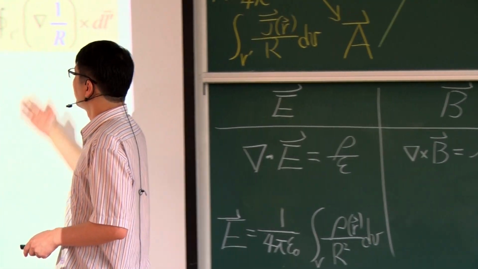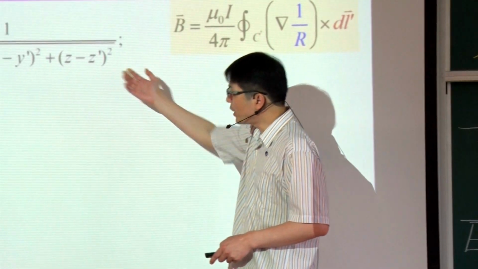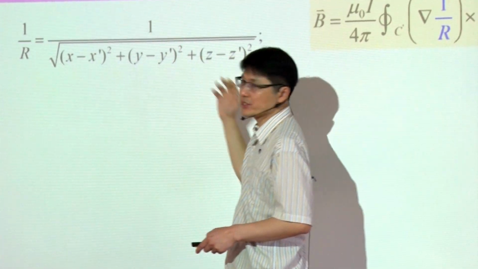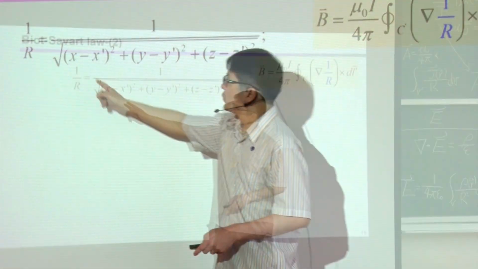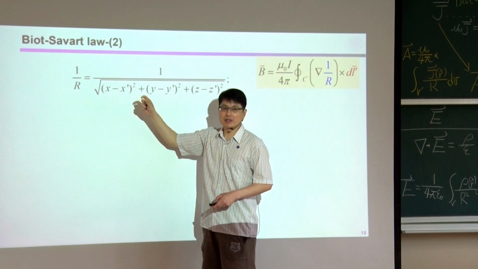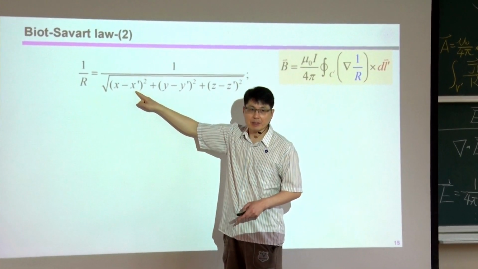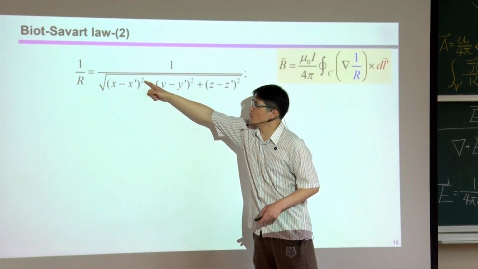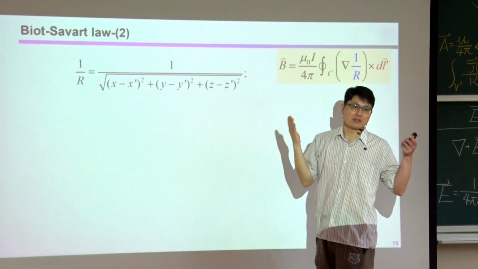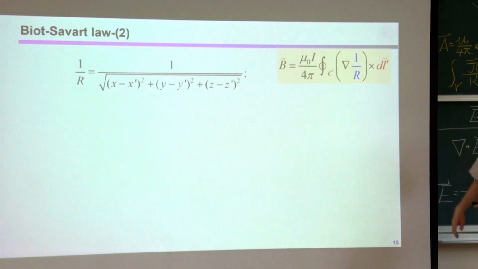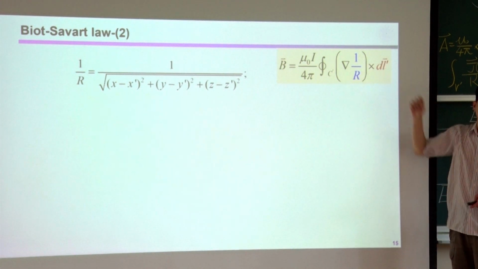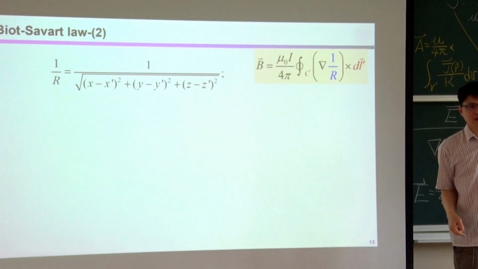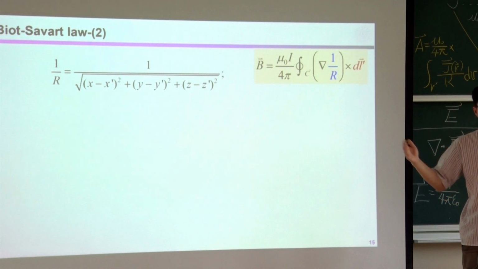They earn their name by knowing that in Cartesian coordinates, 1 over r is this: your observation point minus each differential segment, the sum of squares, and you take the square root, that is the distance r. Now, how to perform the gradient? Gradient in Cartesian coordinates is just direct differentiation with respect to x, y, and z.